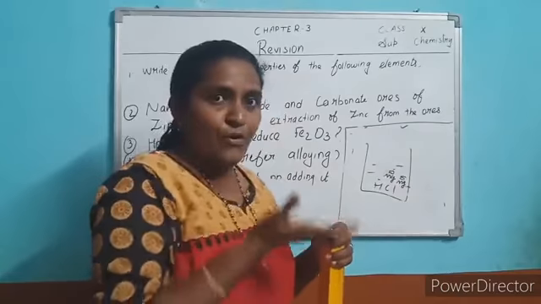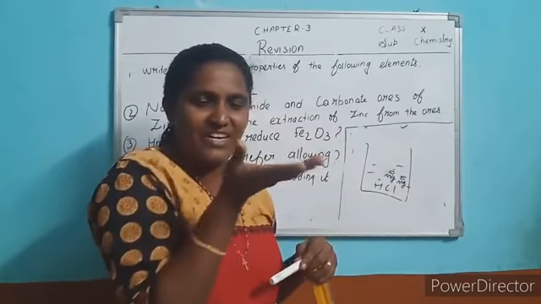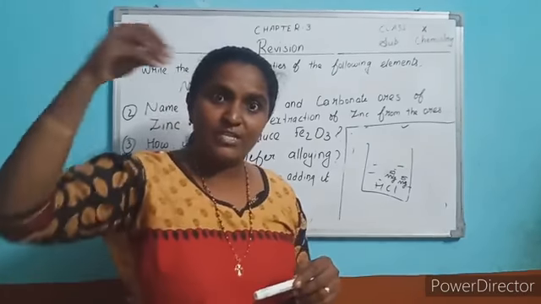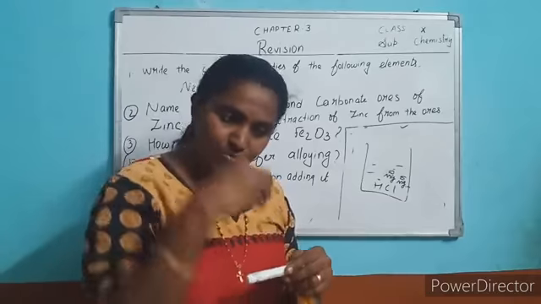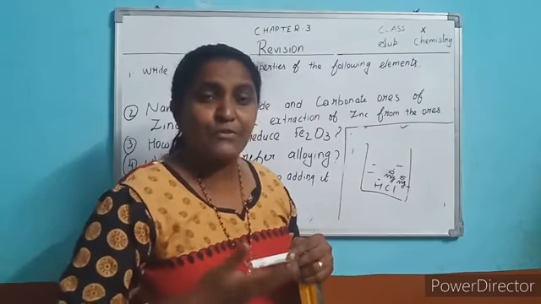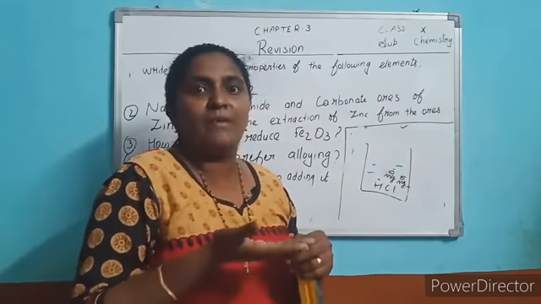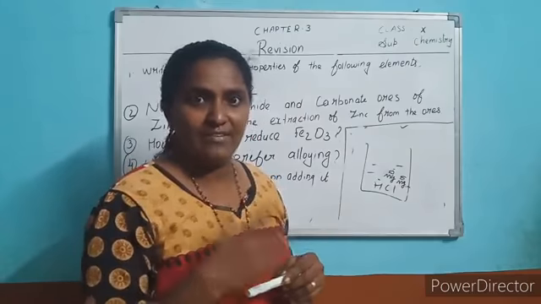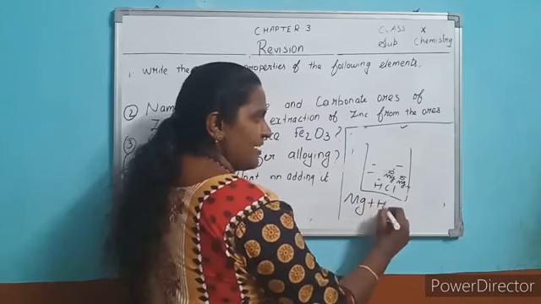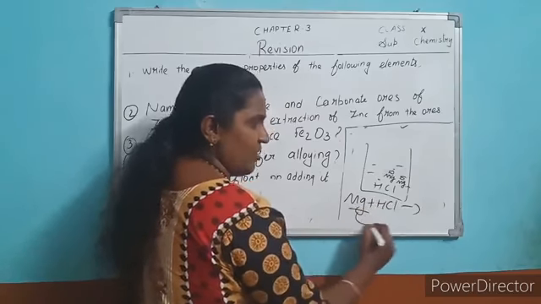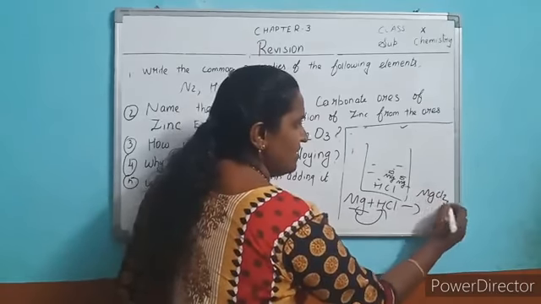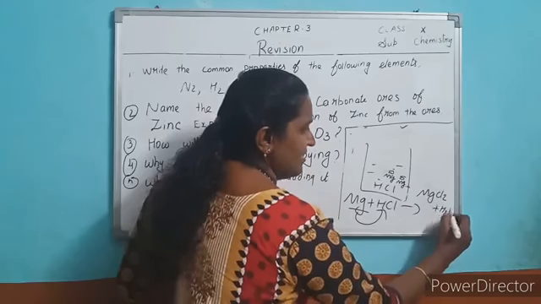As soon as you add magnesium to the acid, it goes down. But after a few seconds, the magnesium comes up and floats on the surface. Why? Because magnesium reacts with the hydrochloric acid. Magnesium is stronger, so it is a displacement reaction. In place of hydrogen, you write magnesium, giving magnesium chloride plus hydrogen gas.